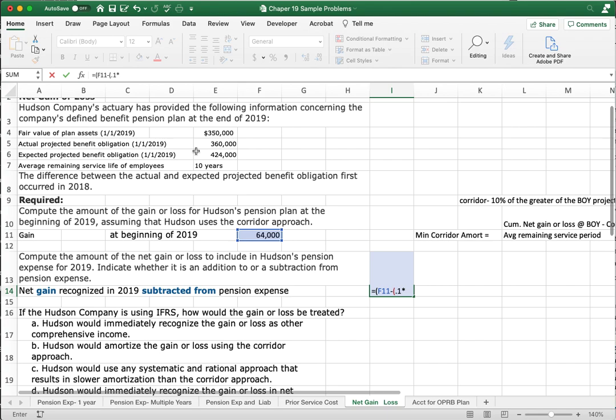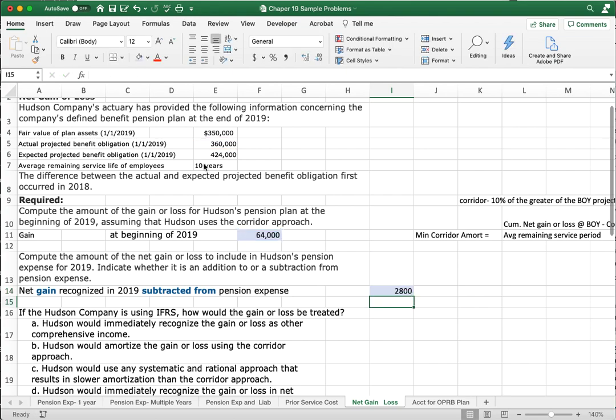If we come over here, the fair value is 350 and the beginning of year projected benefit obligation is 360. So we would use that 360, close parentheses again, divided by the average remaining life of 10 years, and we get 2,800. And so we would recognize that 2,800 as a net gain, which we would subtract from the pension expense for this year.